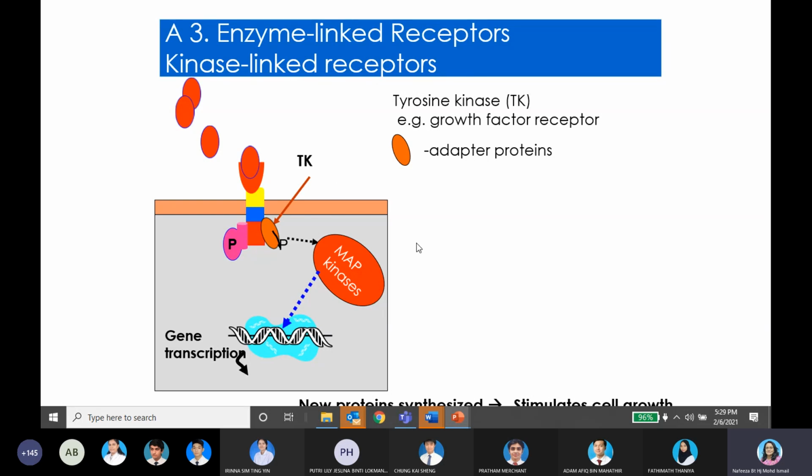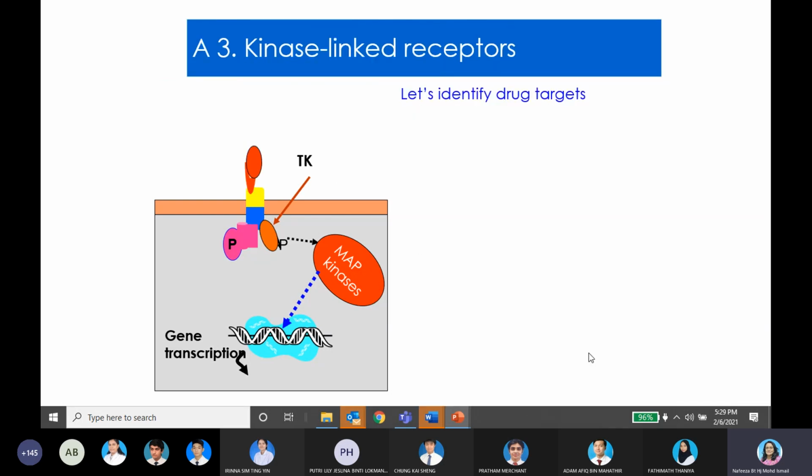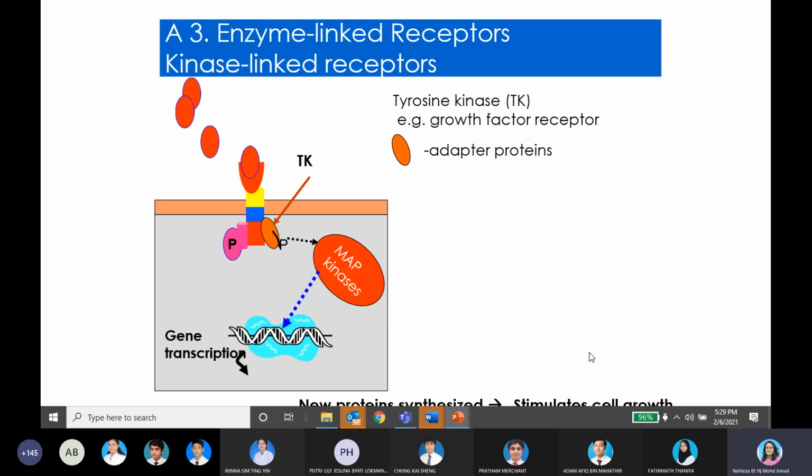I'm sorry you can't see the full slide. When tyrosine kinase is stimulated, gene transcription occurs, new protein is synthesized, and it stimulates cell growth. I want to draw your attention to this: the end product of tyrosine kinase being stimulated is cell growth. Can you see that?